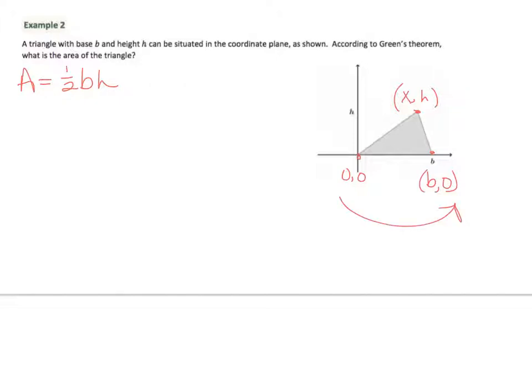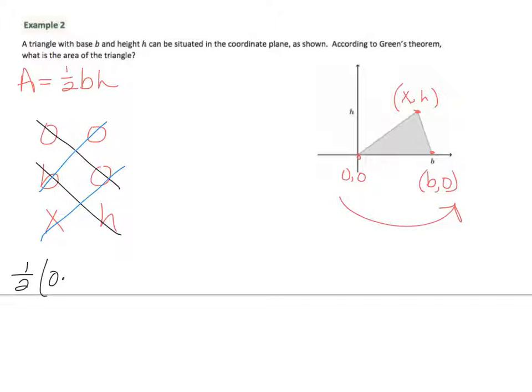And I'm going to go ahead and order these from the origin counterclockwise and work on my shoelace. Still want to say shoestring. I'll probably do this one without, but it's okay.